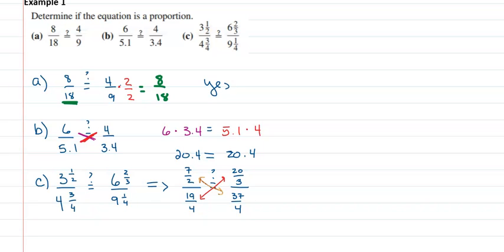All right, so I'll do the brown one first, and that one is going to be 7/2 times 37/4. And we want to know, does that equal the other one, the red one, which is 19/4 times 20/3. It doesn't matter which one you write first.